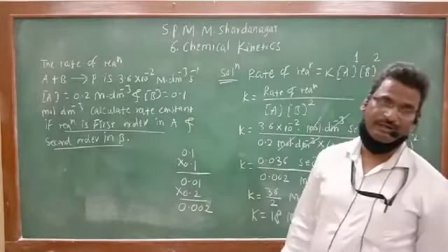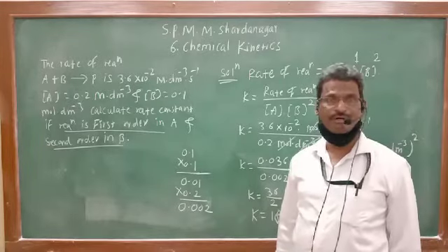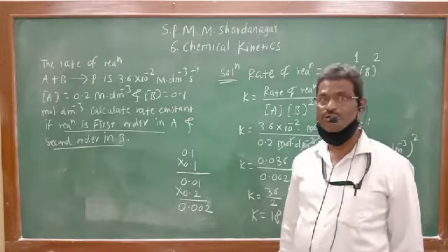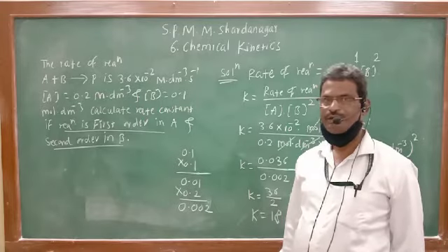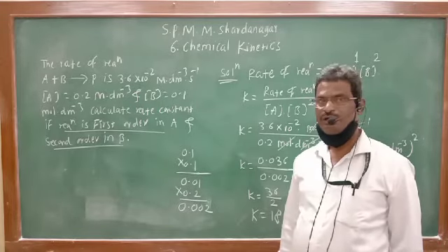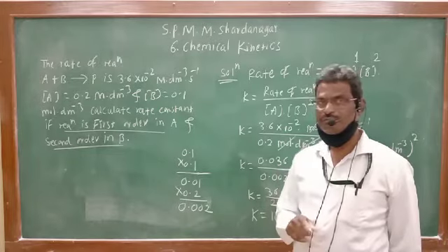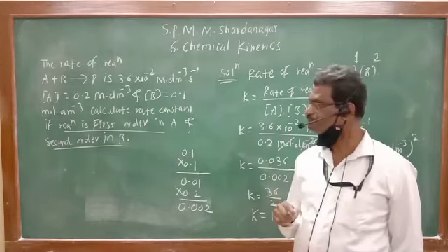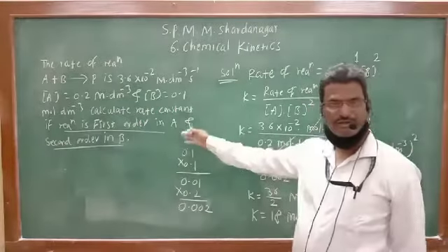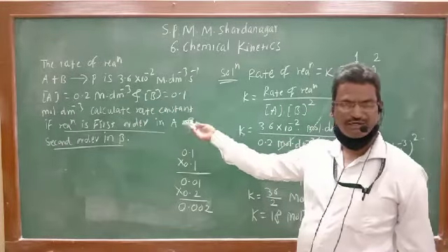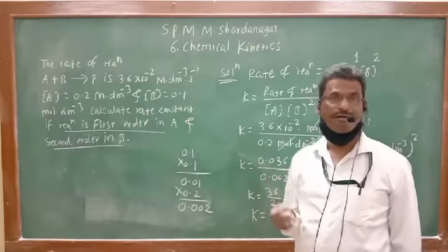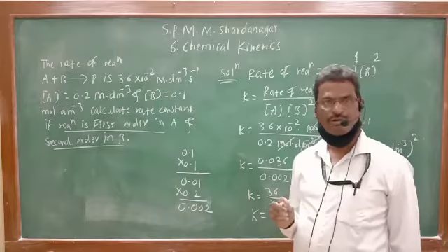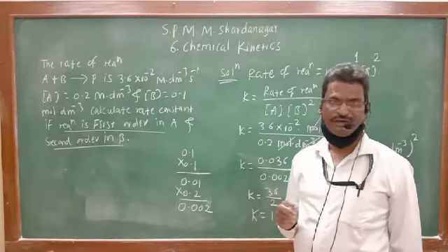At the end of the chapter, we are taking some problems again, based on how to write the rate law, how to write the order of reaction, or how to calculate rate constants or the concentration of one of the reactants. Those problems given at the end of the chapter we will solve after the completion of the chapter.